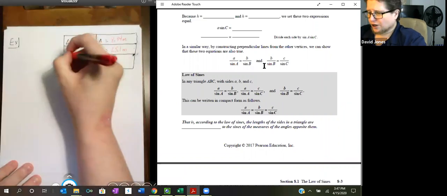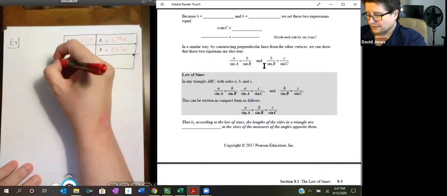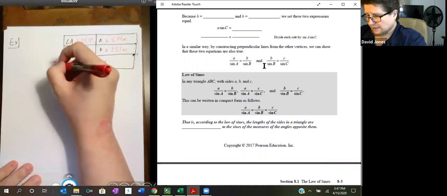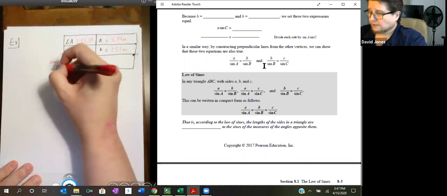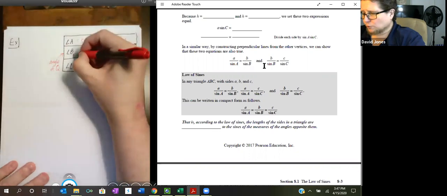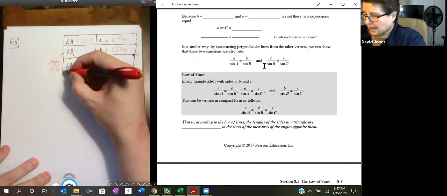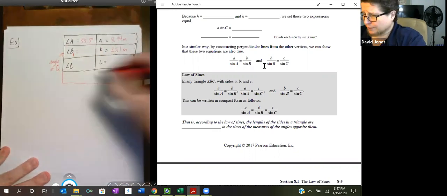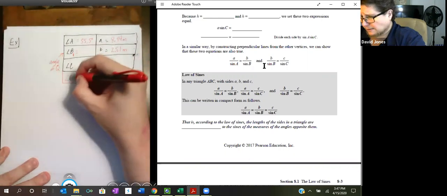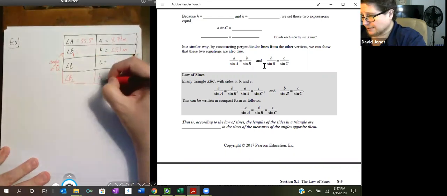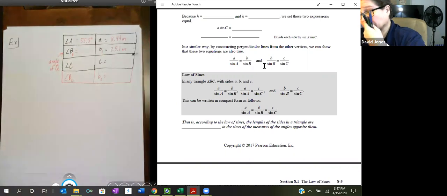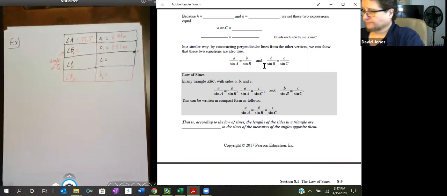This makes this our angle of question, so I'll call that angle B1, and we might have an angle B2 and a side B2. Maybe.